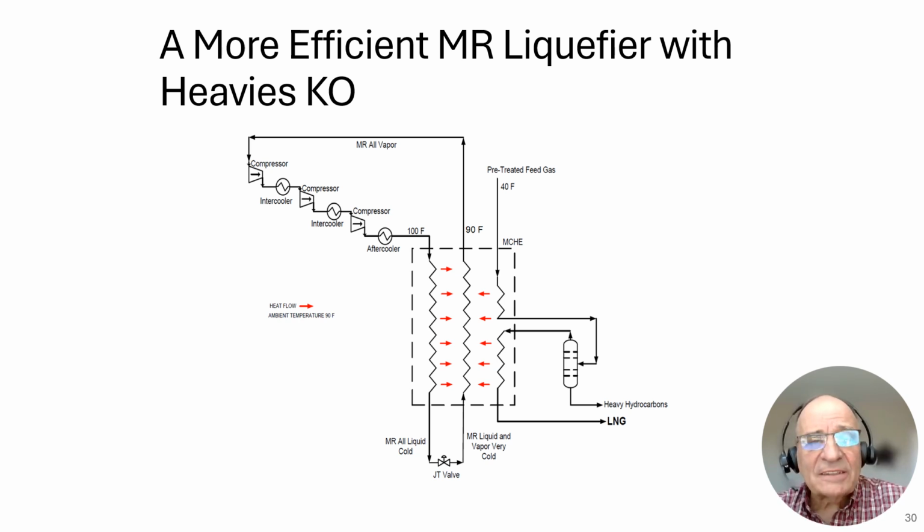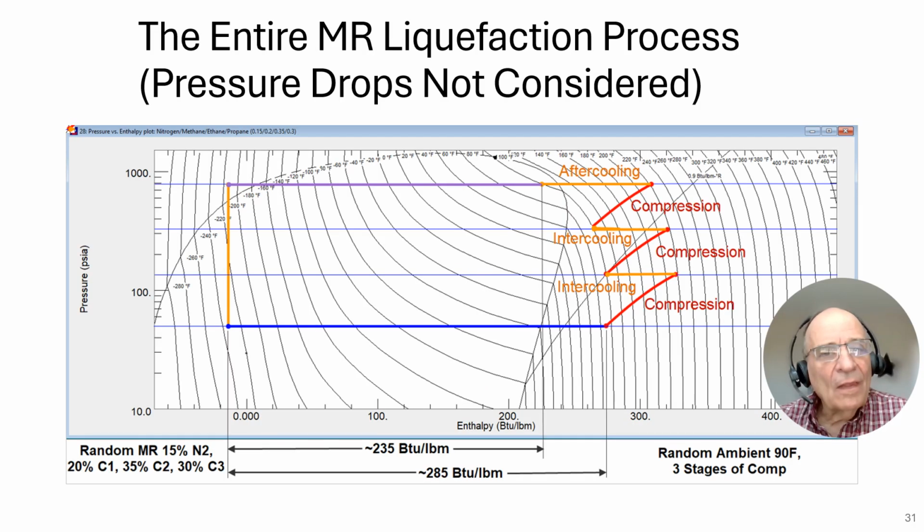Let's take a look at the process that's here on a pH diagram. On a pH diagram, it looks almost identical to what we saw earlier, except that the compression, instead of being done in a single stage going all the way out here, is now being done in 3 stages. A stage, then intercooling, another stage, then intercooling, another stage, then aftercooling, and then you continue, and at the end of the aftercooling, you have liquid and vapor.